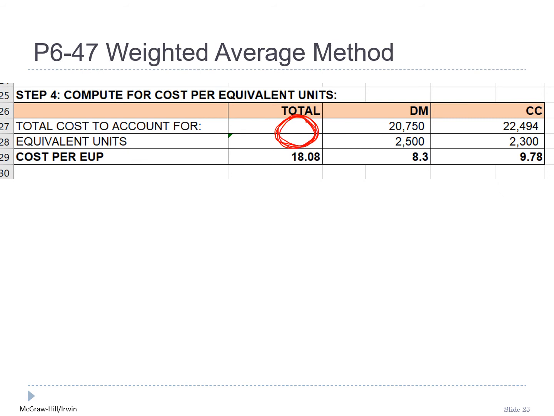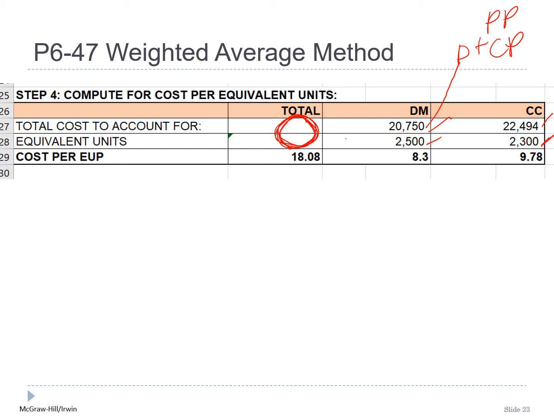So, there is no information kasi hindi pwedeng i-add lang itong dalawa. Then divide ng sum nitong EUP ng direct materials and conversion cost since magkaiba sila. So, yung total cost na to is the sum of cost ng prior period or ng beginning inventory plus yung current period cost. So, pagpunta kayo sa step 3, yan yung 2,750 and this is the 22,494.